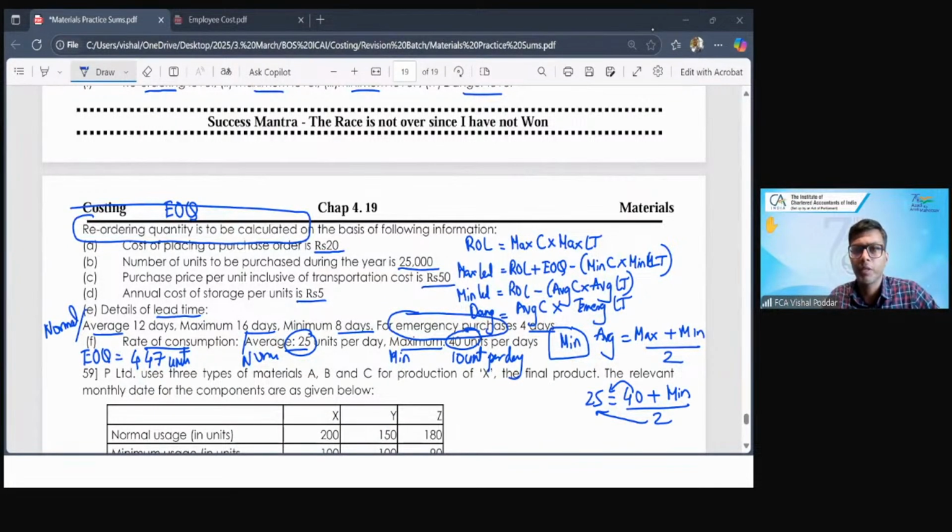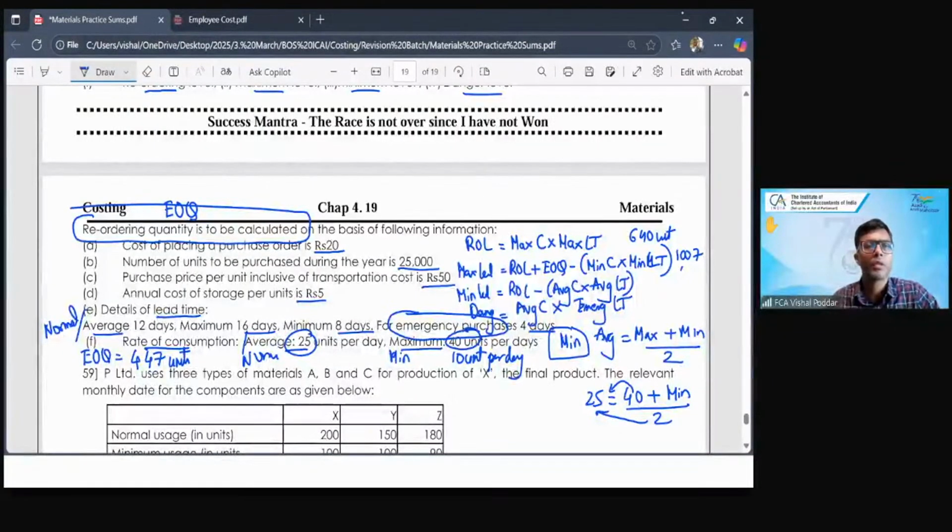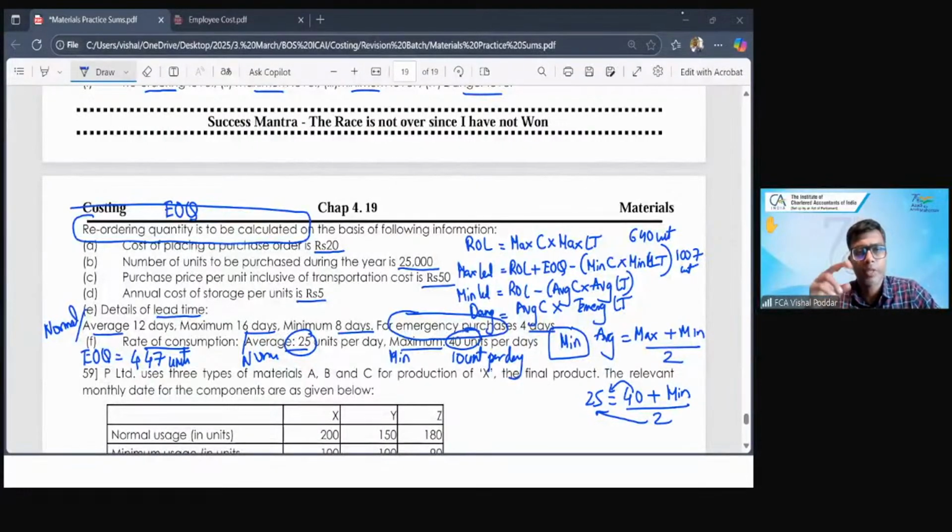Tejaswin gives me the answer for ROL as 640. For maximum level, here it is 1007 units. Tejaswin has given these two values. Can we find ROL with average? No, Sunidhi, not here. Here ROL will not be calculated with average.